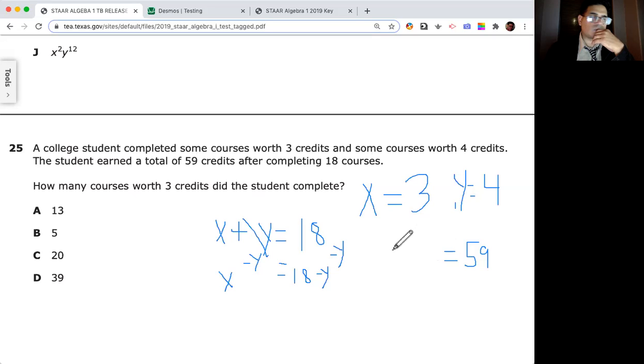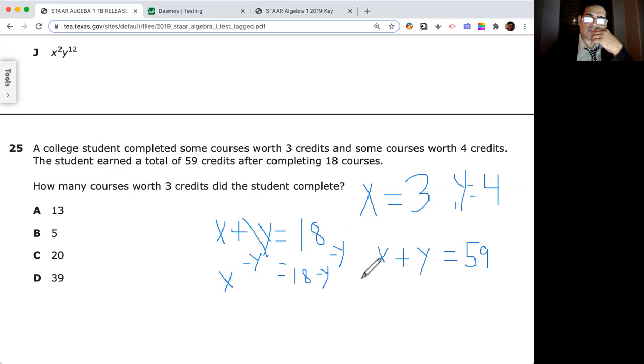So the total number of credits, x plus y.